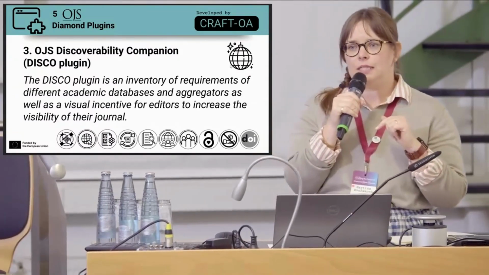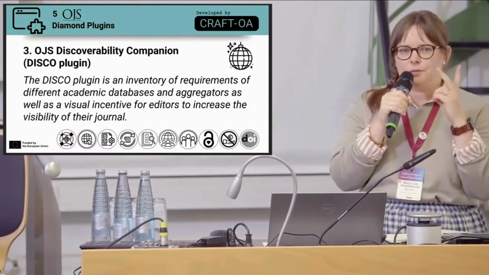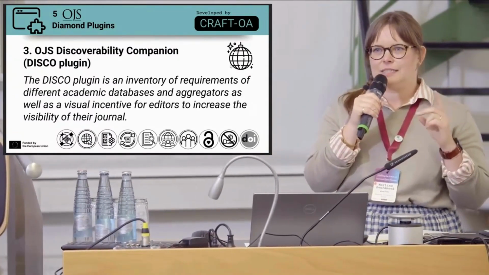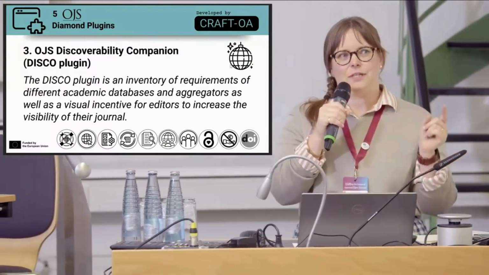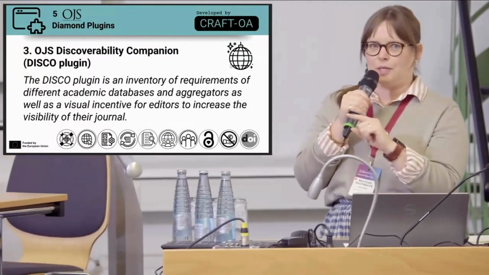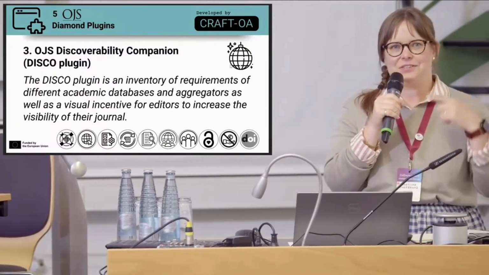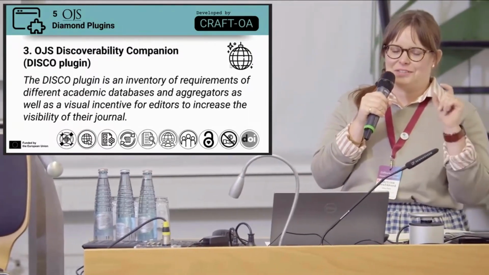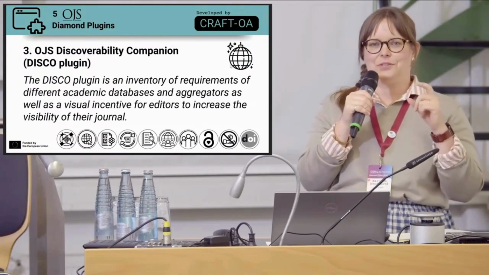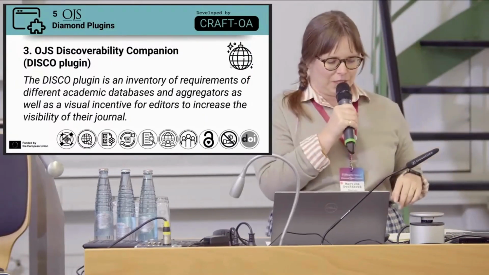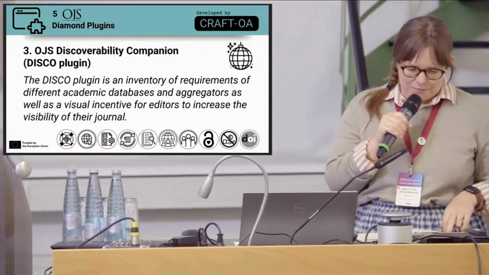And you can also see that only those two little things, if you do also this, you are ready to apply for another one. So it's also like an incentive for editors to do a little bit more in order to be able to apply for more scholarly indexes.